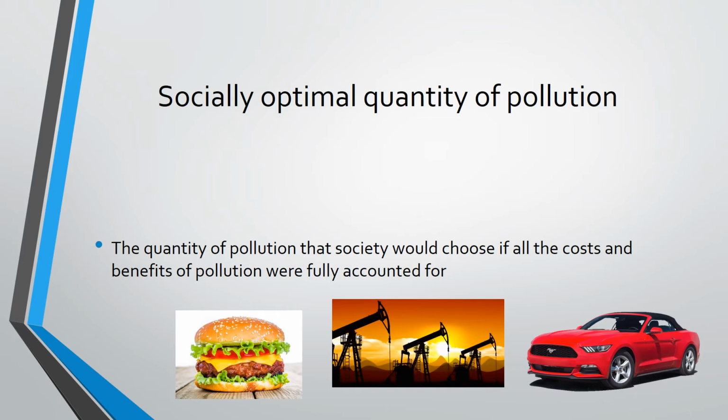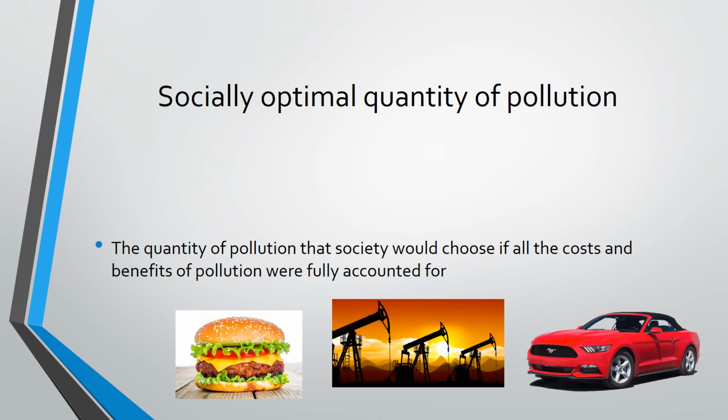And if we just leave it to the two people involved, they aren't going to consider those costs because they don't really bear those costs. Society as a whole does. So we're going to have that as the backdrop for the rest of this video, where we're now thinking about society as a whole, the costs and benefits that we incur and gain from pollution.